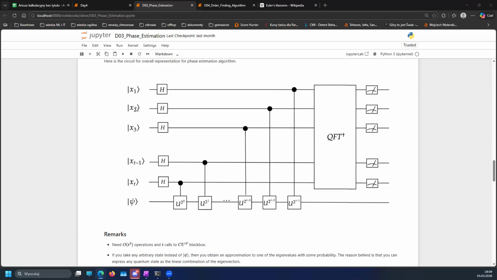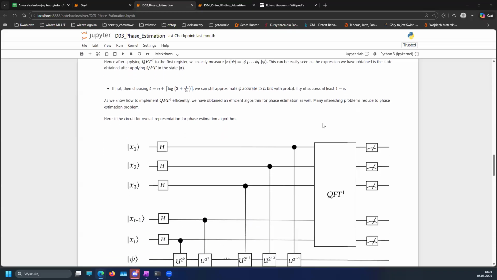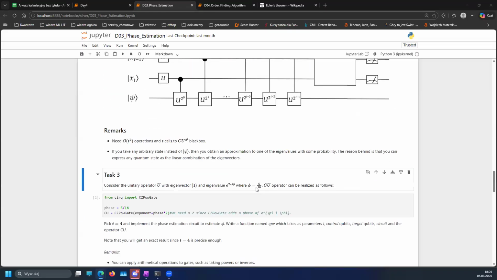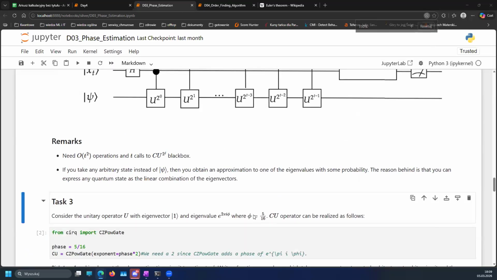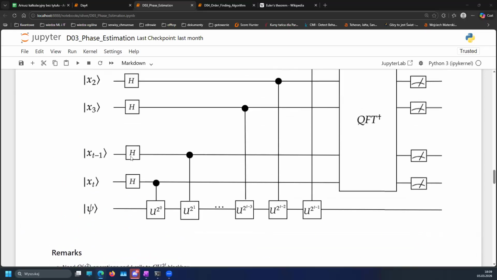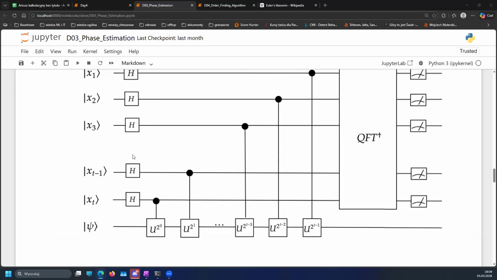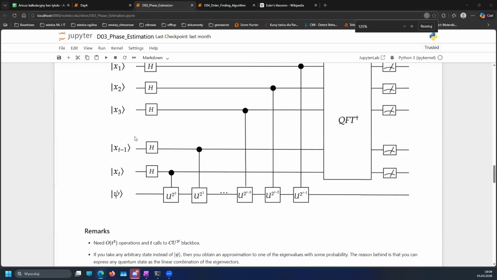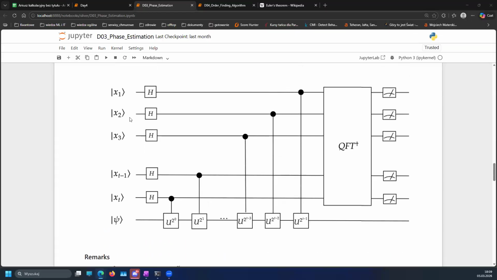Because, let me scroll down, for example, if you have some unknown eigenvalue, and using QPE we want to express it in binary form, there will usually be some estimation error, because it's quantum phase estimation.